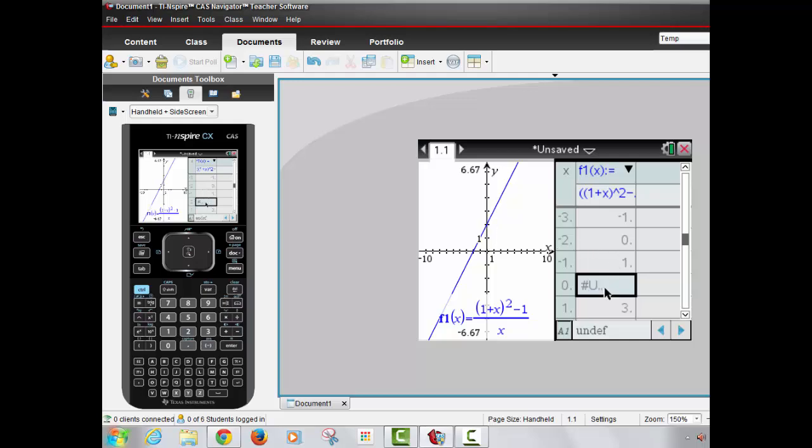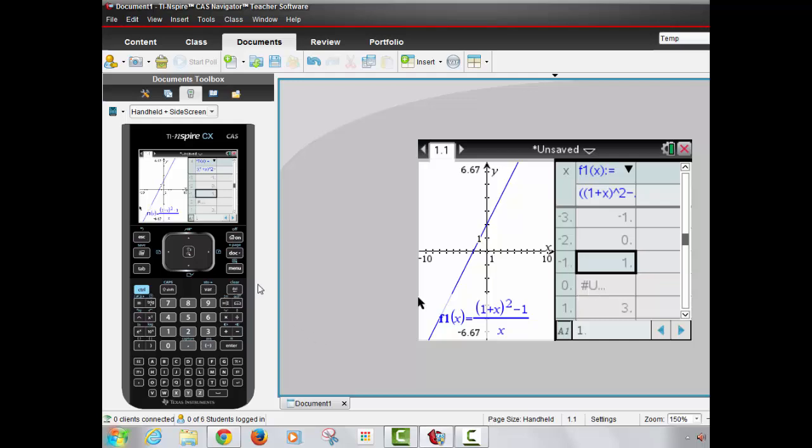So let's see if we can use the table to help us figure out what that value is. So what I'm going to do now is I'm going to look right around 0. So it looks like when I'm 1 to the left of 0, when I'm at negative 1, my y value is 1. When I'm 1 to the right of 0, my y value is 3. That doesn't look like it's the same number. So maybe we're just not close enough to 0 yet. Maybe negative 1 and 1 are too far away.